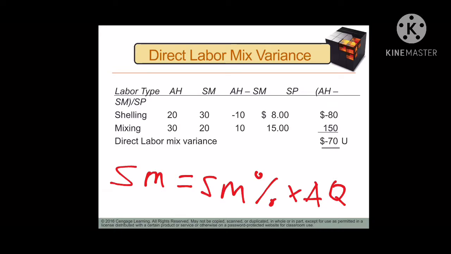Actual hours minus standard mix is negative 10, and standard price is $8. Actual hours minus standard mix times standard price is negative $80. For mixing, 20, 30, 20, 10, $15 and $150. So direct labor mix variance is negative $70.